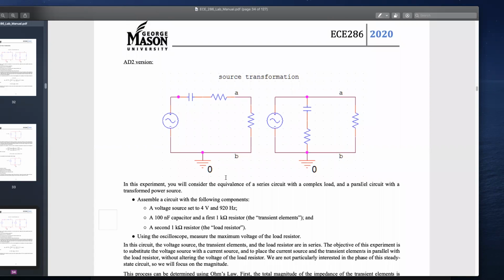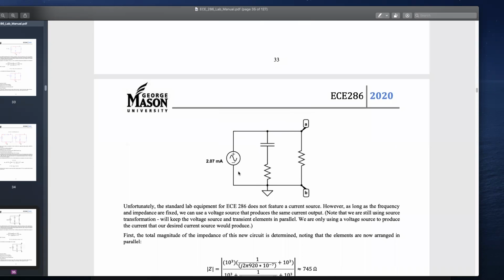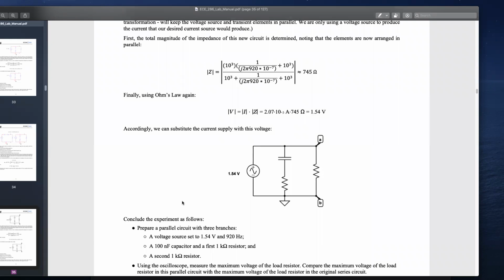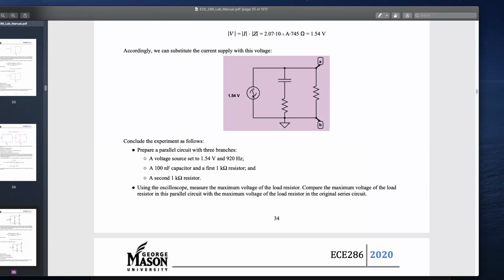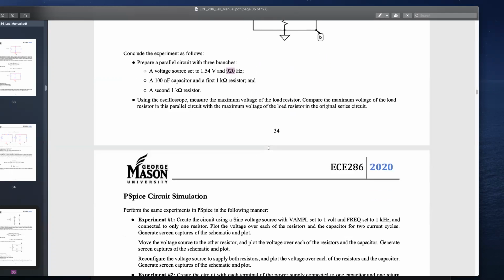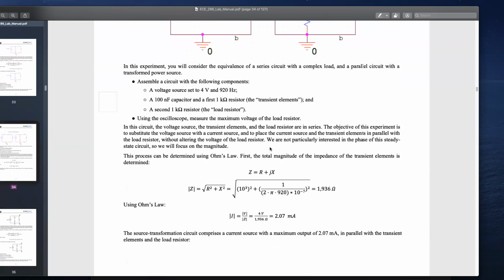You're still going to keep the same frequency, because the voltage across these elements will change since they are frequency dependent. If you follow the math, there's a good bit of math, but it will show you what circuit you need to use to supply the voltage for your second circuit, which is 1.5 volts at 920 hertz.